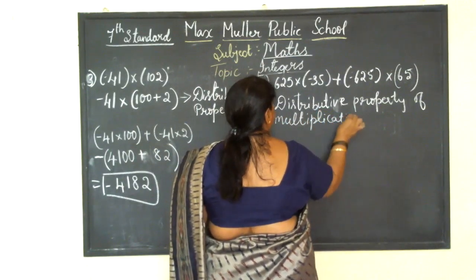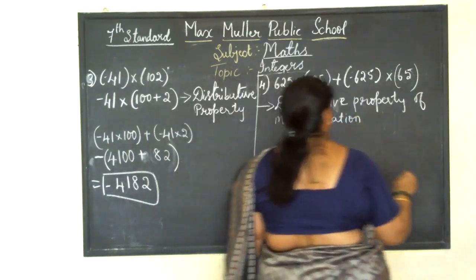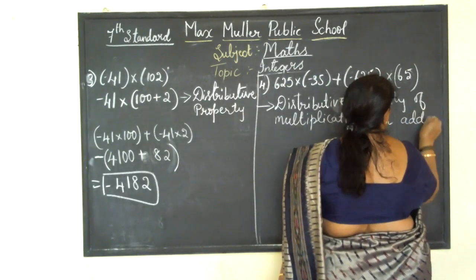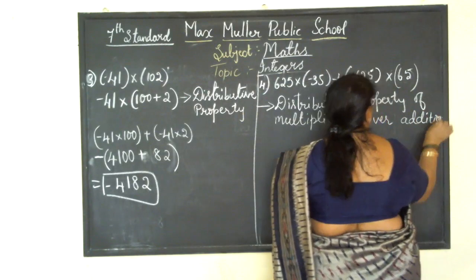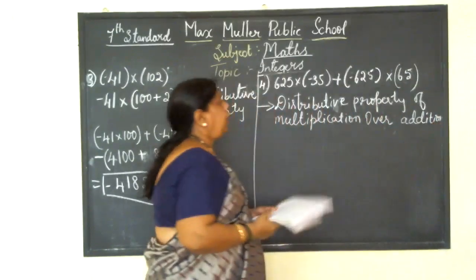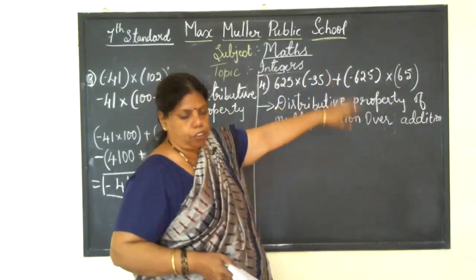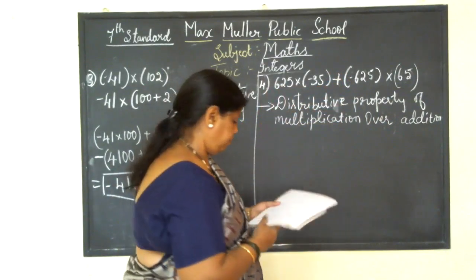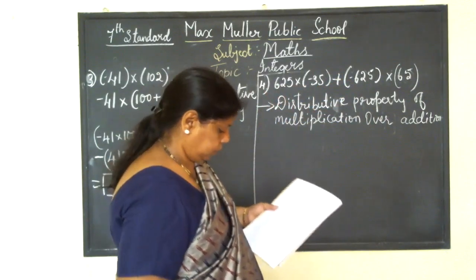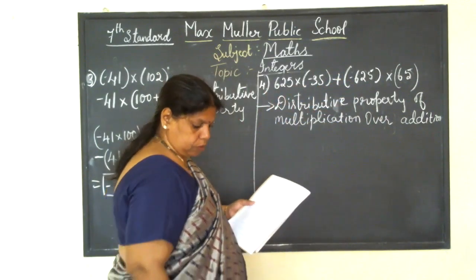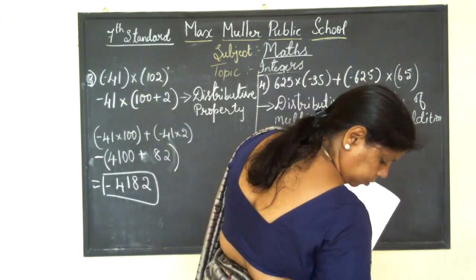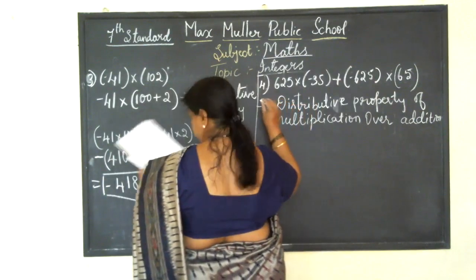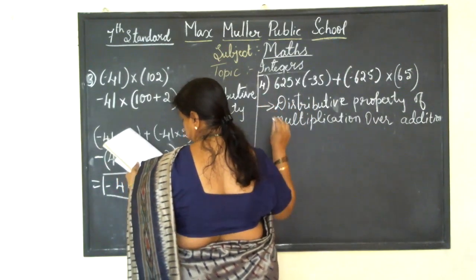Here both we will do, isn't it, children? Over addition. See, we will multiply here and we add together the answers we get here. So, which is common here, 625.